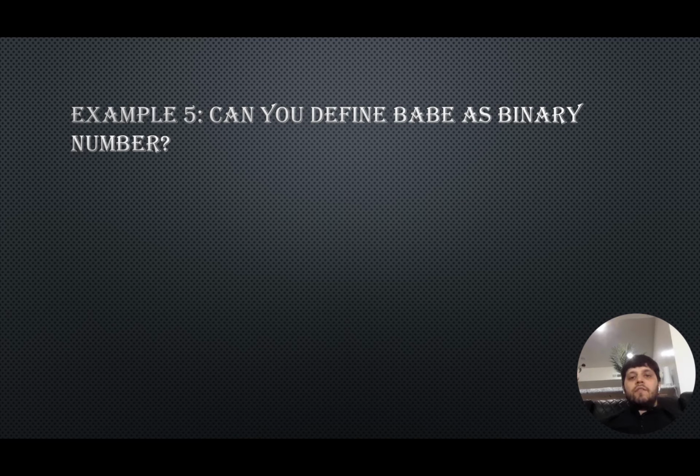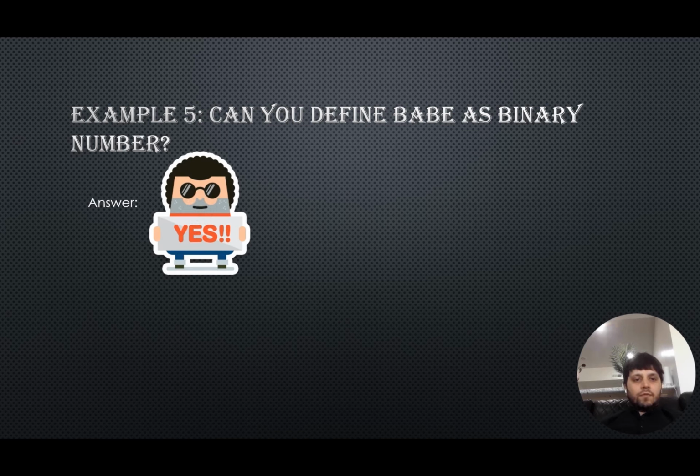Example 5 says, can you define BABE as a binary number? That is a trick question. Is BABE a binary number? It depends. So let's go. The answer says yes, it's a binary number.